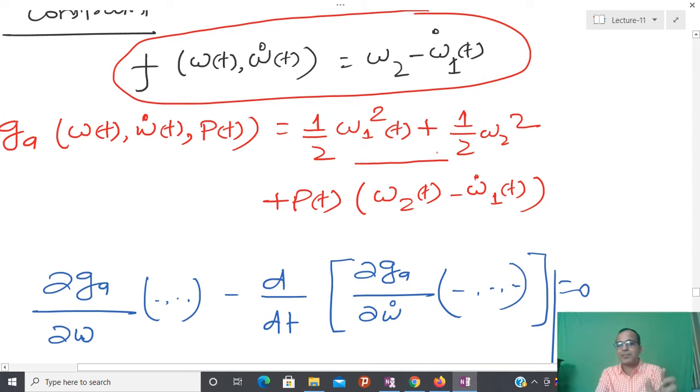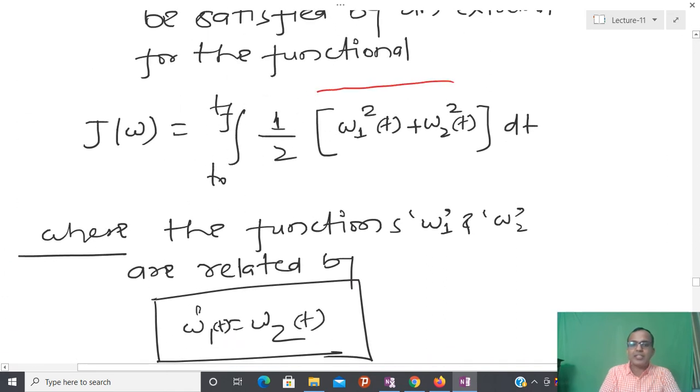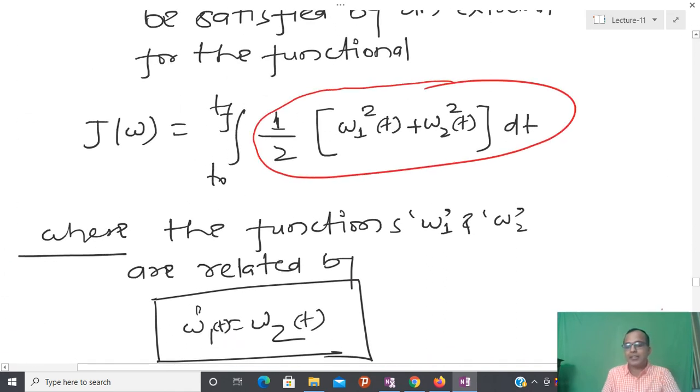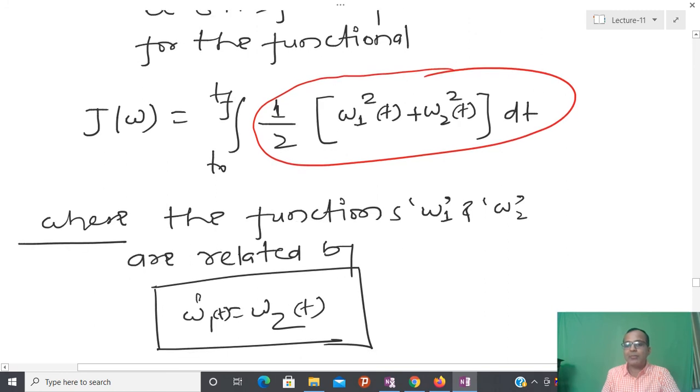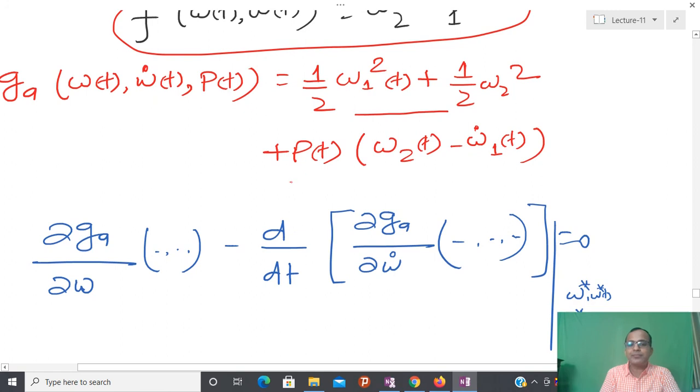You have to just remember that whatever term is inside the integral of the function, you have to take that term. So you can see here that in this example, I have this term inside the integral. So you have to just collect that term, and after that you have to define the p t, and since I have just one constraint, only one p t is enough.